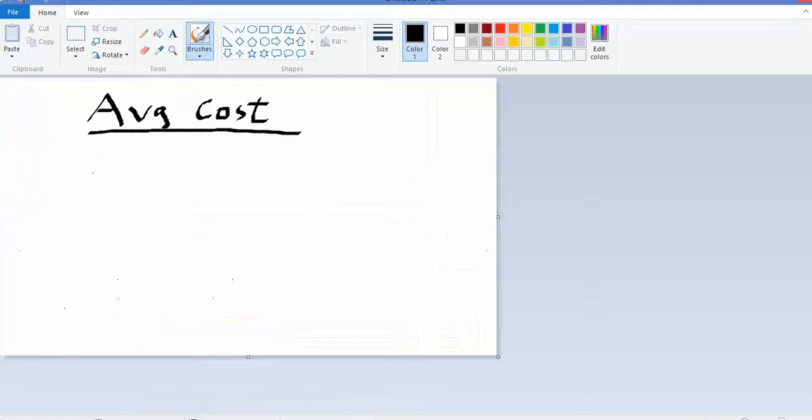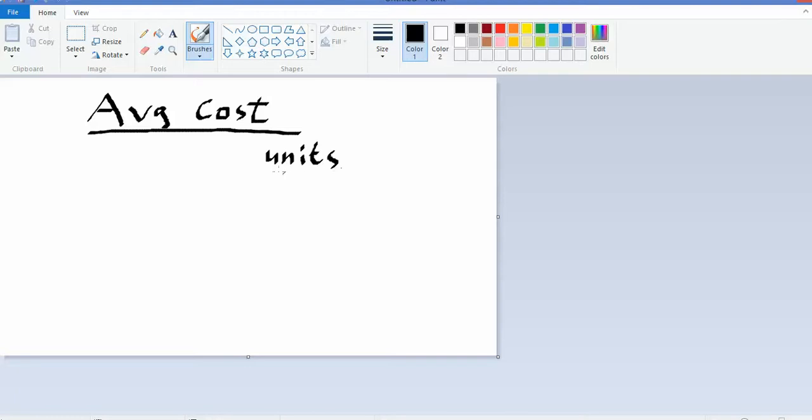We've got 3 layers, and let's do the units over here, and you'll see why in a minute. This is units available for sale. This is not units sold.